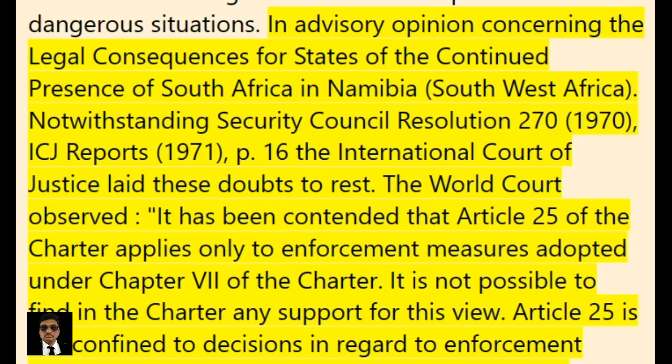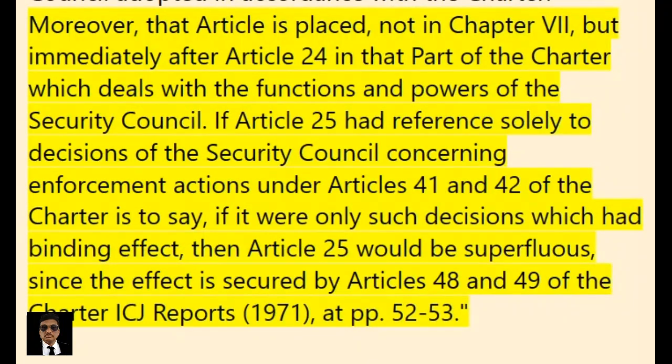Article 25 is not confined to decisions in regard to enforcement action but applies to the decisions of the Security Council adopted in accordance with the Charter. Moreover, that article is placed, not in Chapter 7, but immediately after Article 24 in that part of the Charter which deals with the functions and powers of the Security Council.